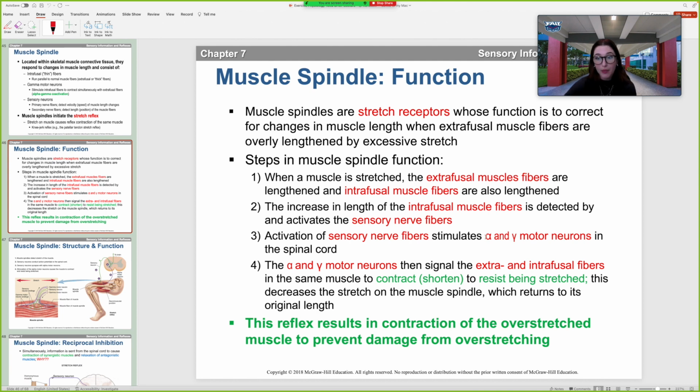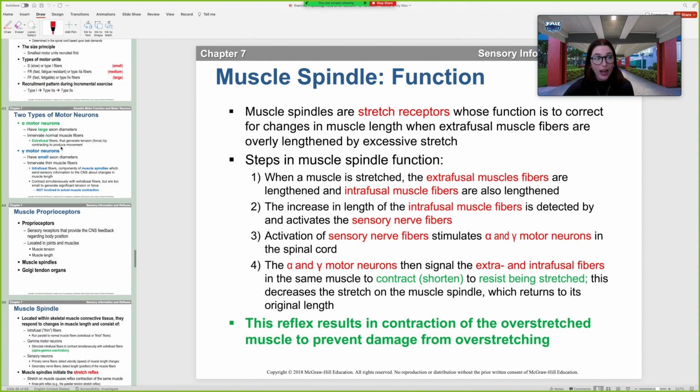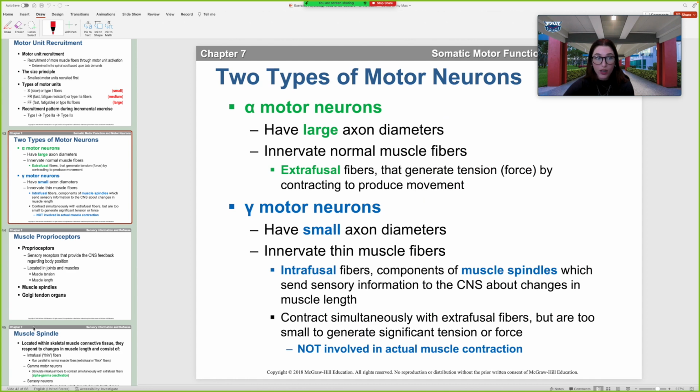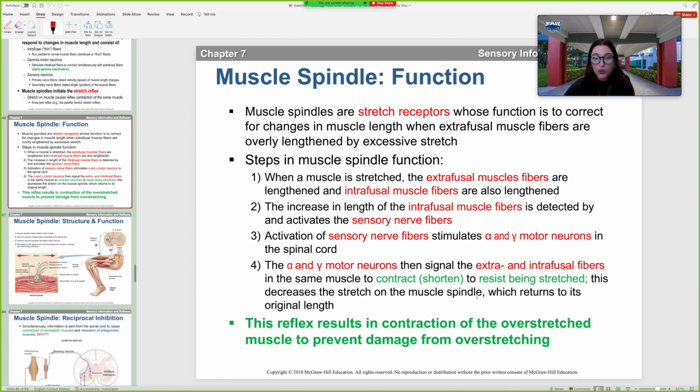And what's going to happen if we activate alpha and gamma motor neurons? Well, we're going to have a contraction. The alpha and gamma motor neurons then signal both the extrafusal and intrafusal fibers in that same muscle to contract and shorten to resist that initial stretch.